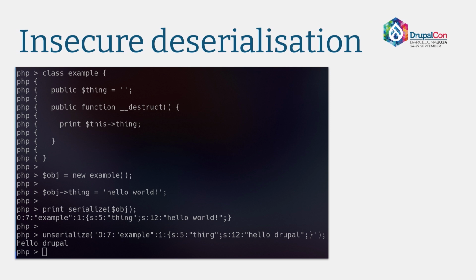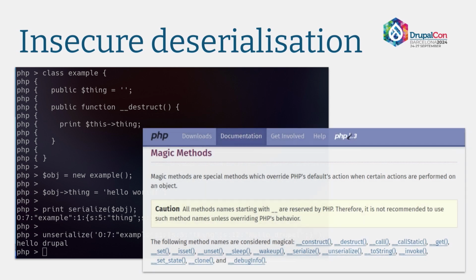The problem from a security point of view comes when PHP has these magic methods, and amongst them, probably the most interesting from this point of view is the destruct method, but some of the others can also be used for this exploit. If your class does something in its destruct method, typically with one of the properties, and you allow that serialized object to be tampered with by an attacker, they're able to do some really clever things.